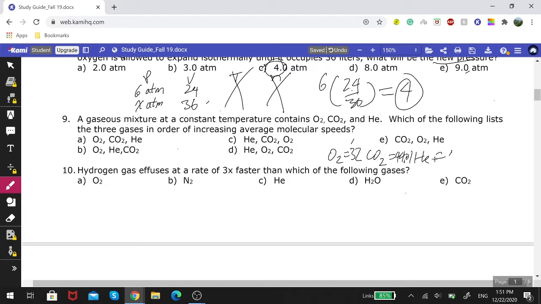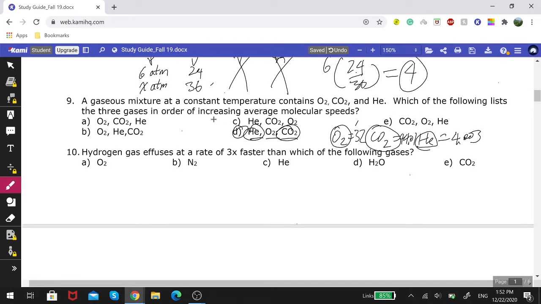And He is 4.003. Now, the lightest travels the fastest, and the heaviest travels the slowest. So the order will be lightest, He, the second lightest, O2, and then the heaviest, CO2. And that corresponds to D: He, O2, CO2.